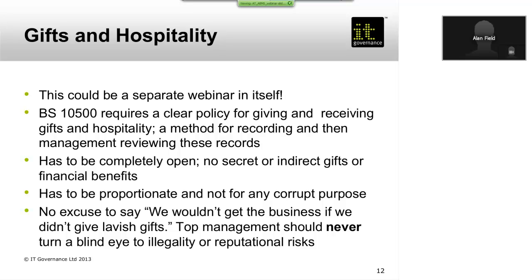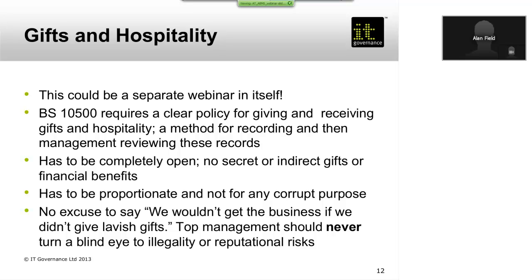In broad terms, if you have an open policy, with no secret gifts, no indirect gifts or financial benefits, and the gift or hospitality is proportionate to the relationship you have with that person or organisation, and it's not being given or received for any improper purposes, then that is a good starting point.